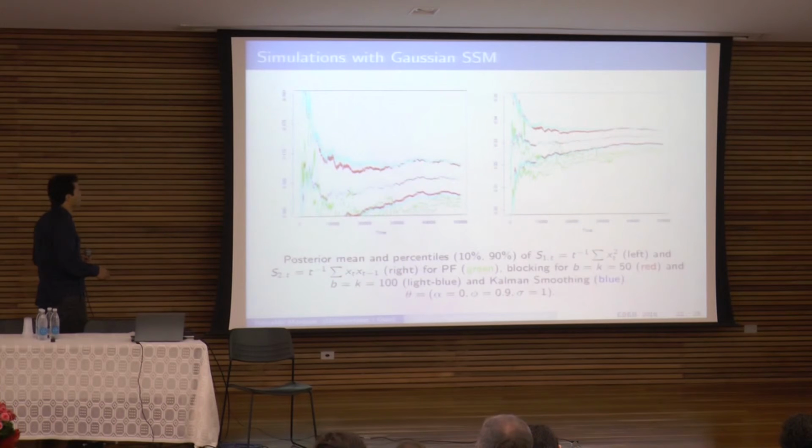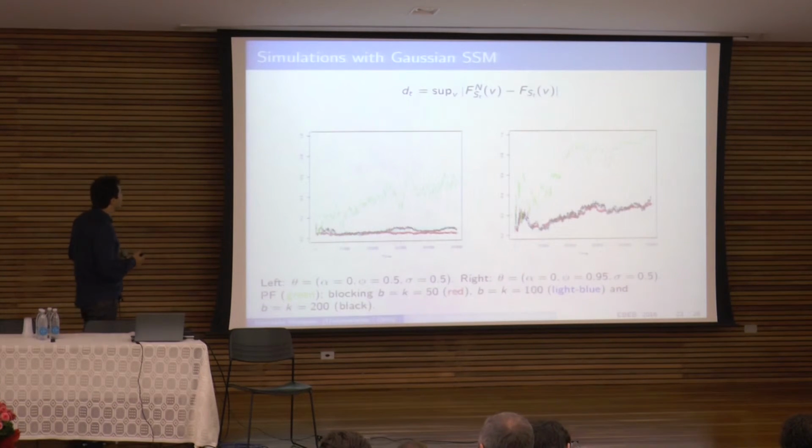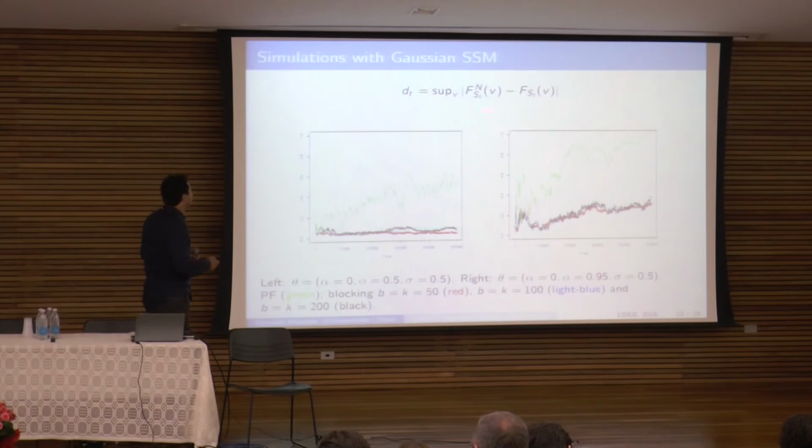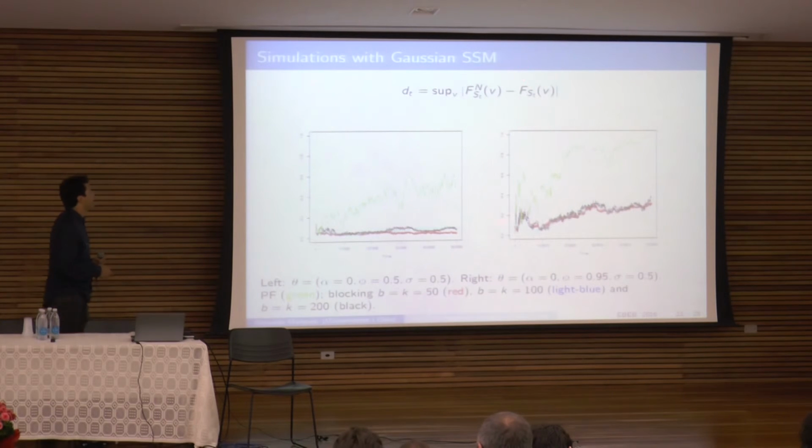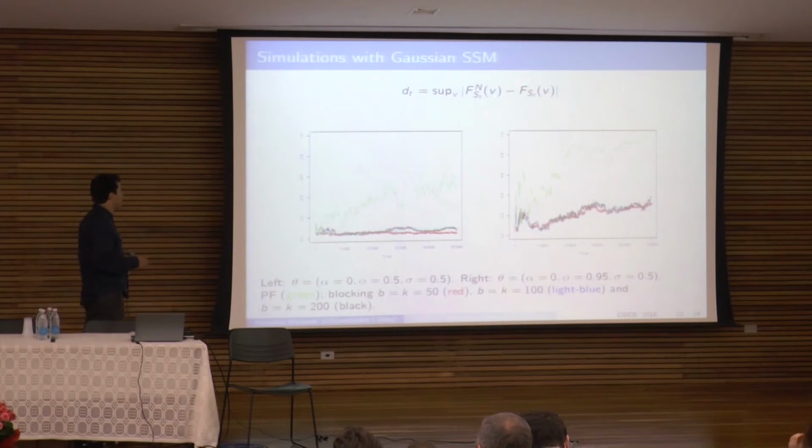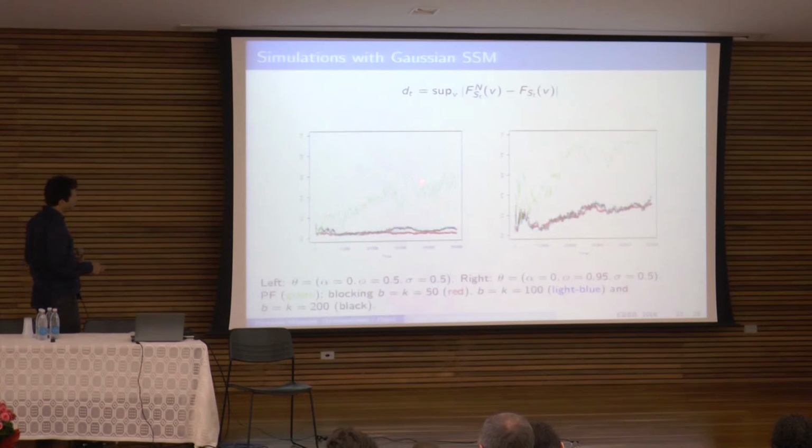100, two choices here. And I also compute the distance. I'm trying to evaluate the distance between the truth, given by the Kalman filter, and the distribution provided by the algorithm, and I compute the maximum of the distance. In this case the static parameter is fixed.